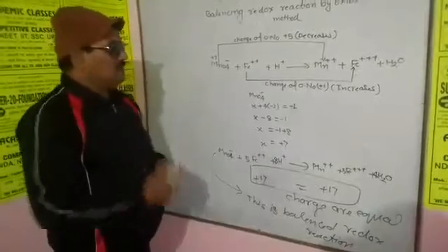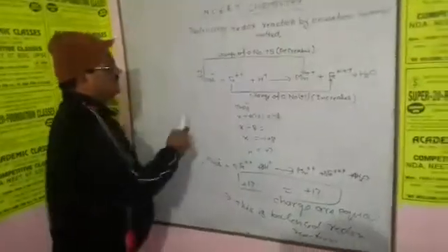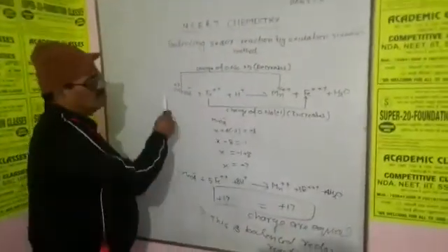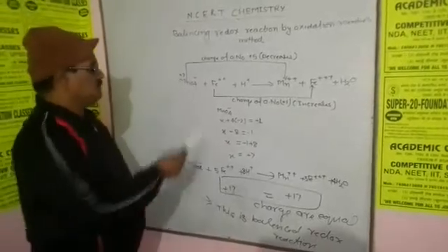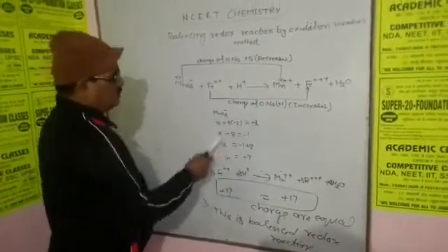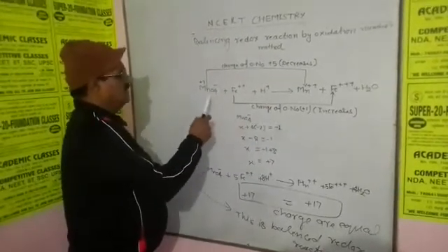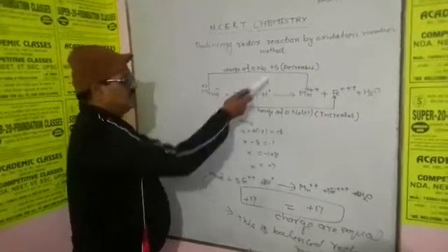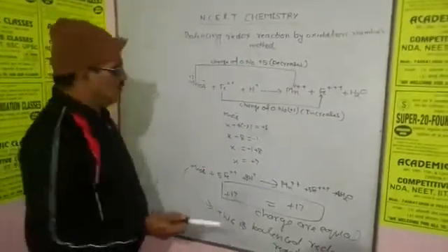Today I gave one example. You start initially balancing the redox reaction by the oxidation number method. Then you write one example of a redox reaction. Then you compare the oxidation numbers of both sides, left and right hand side, and you multiply. The increase number is multiplied with the decreasing component and the decrease number is multiplied with the increasing component here.